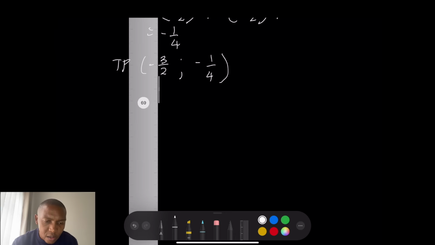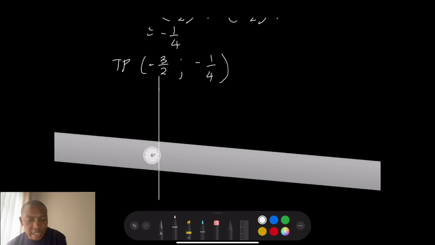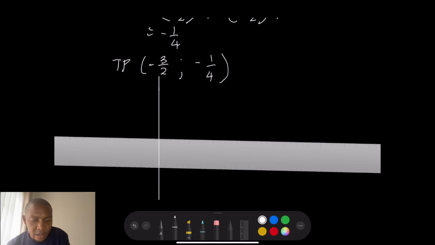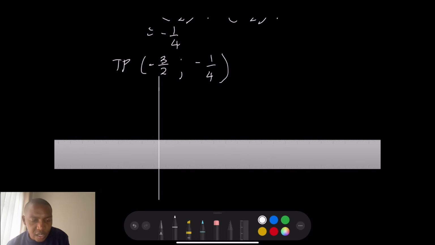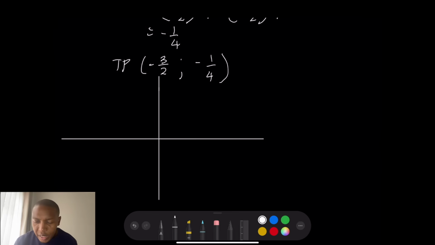So there it is. Please, I'm not going to try and make it as accurate. So there's our graph. I'm just going to use a different color. Let's first of all plot all the points that we have.